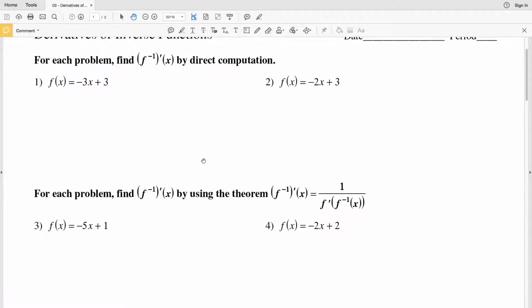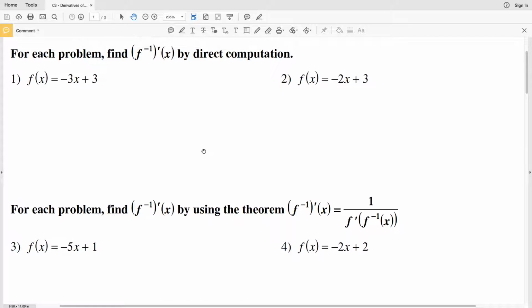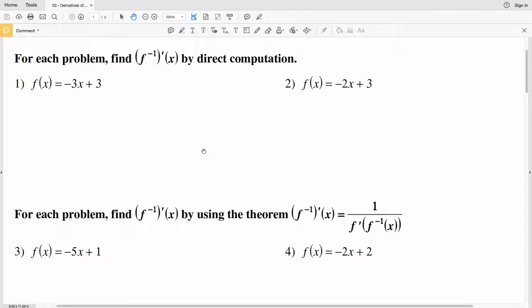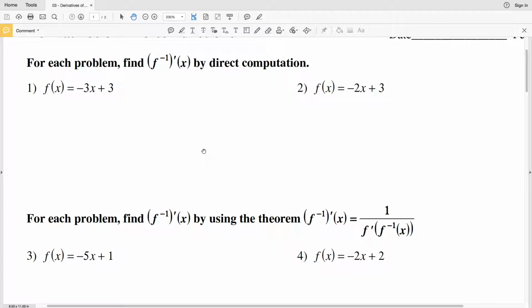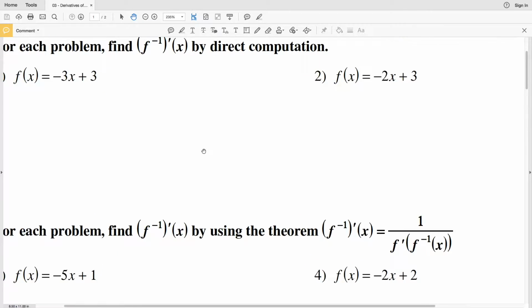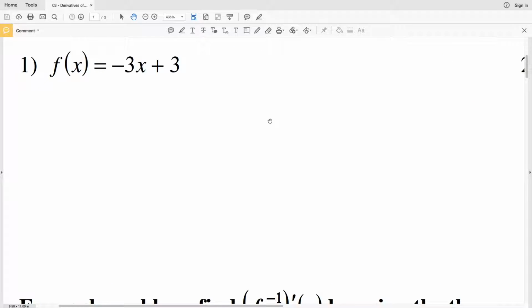Our instructions for our first section say, for each problem, find the inverse function derivative of x by direct computation. So we're first going to calculate the inverse function, and then we're going to find the derivative of that inverse function. Remembering how to find the inverse, y and x will get switched.